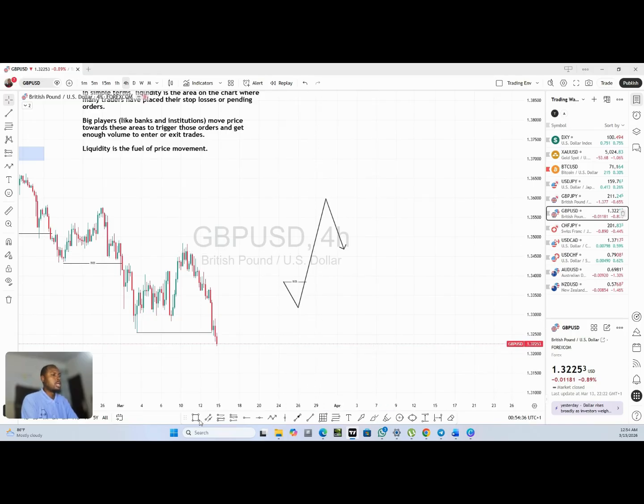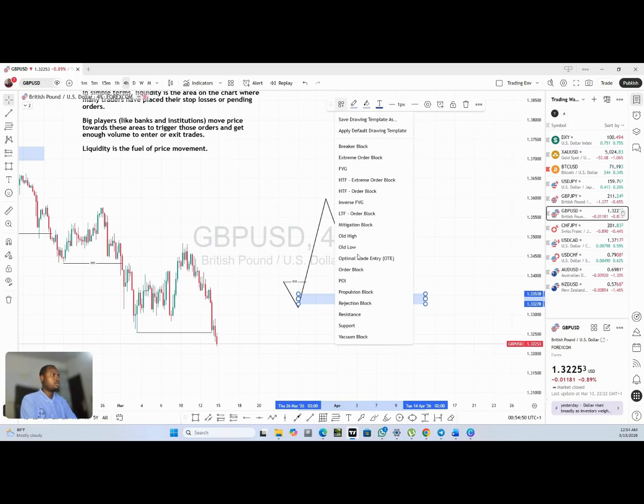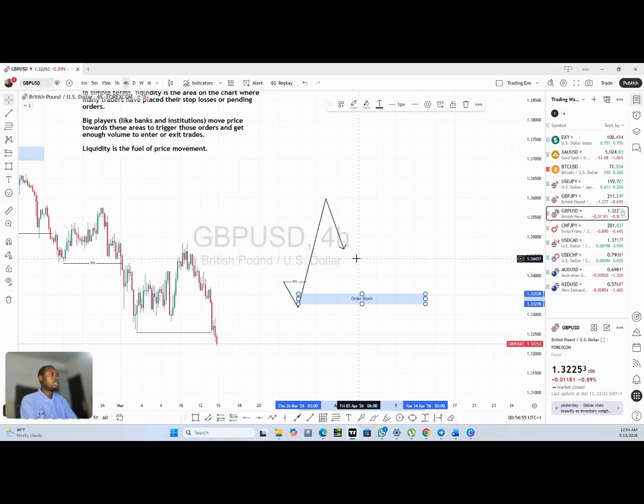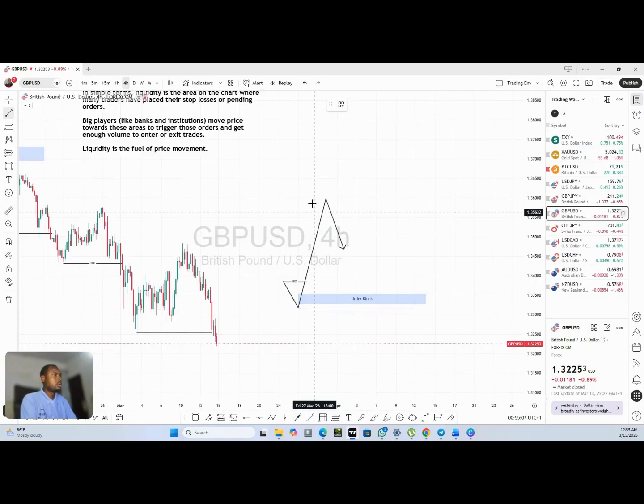And let's assume here is an order block, one of the ICT institutional reference points. Let's assume this is an order block where we will be waiting for the market to come back for us to buy from. So here is our dealing range, from here to here.